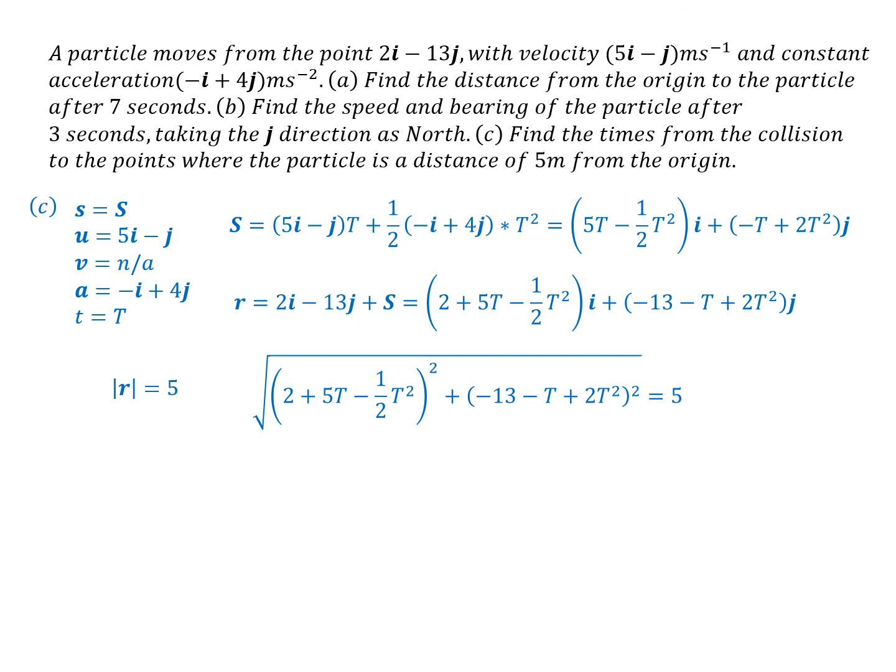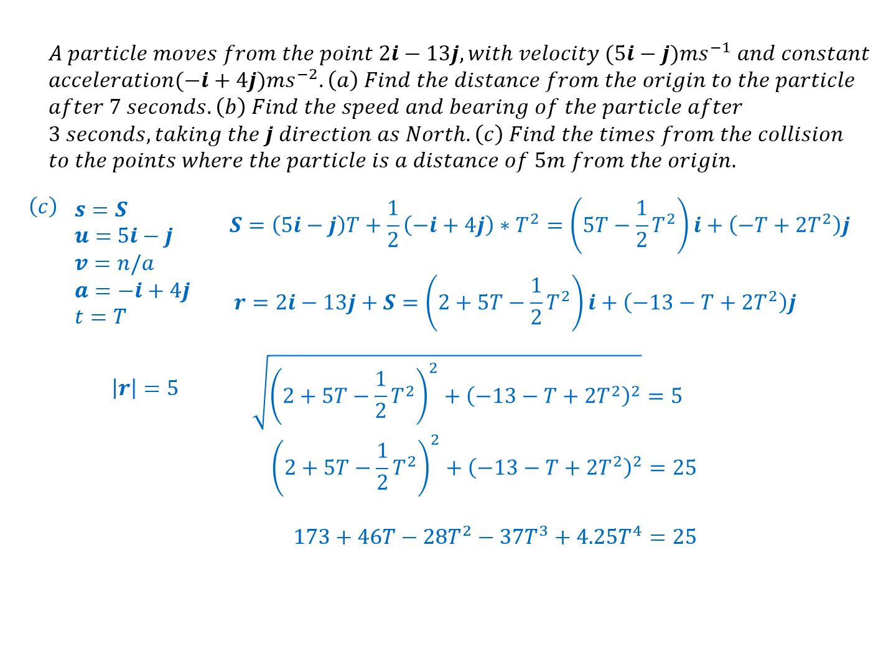So the magnitude of that vector is the square root of the i component squared plus the j component squared, and that equals 5. So the first thing I'm going to do is square both sides and then multiply the brackets out, grouping the like terms, and now I've got a quartic.